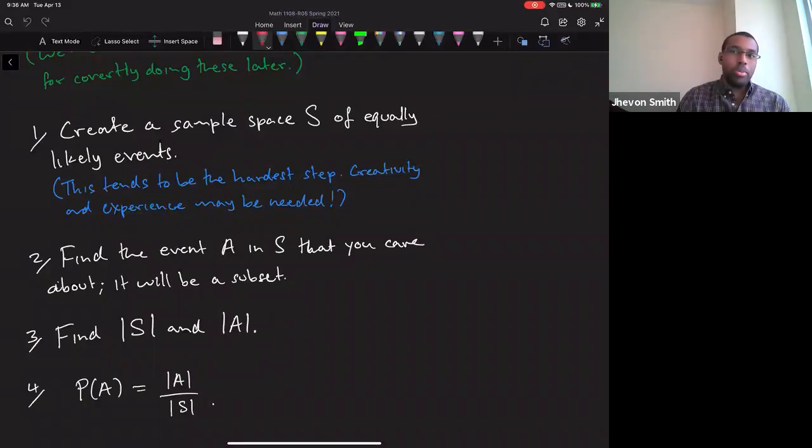Sounds pretty simple, but in a lot of cases, just setting up the sample space, or knowing how to think about it, you'll be able to do in several ways. In one of the examples, I'm going to set up 2 different sample spaces for the same problem and get to the same answer. So it's not like there's only one right way to do this. It definitely takes some creativity. But this is the process overall.